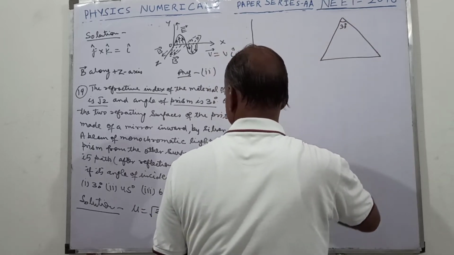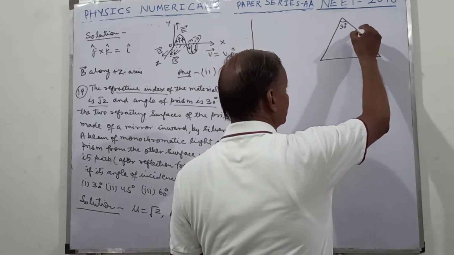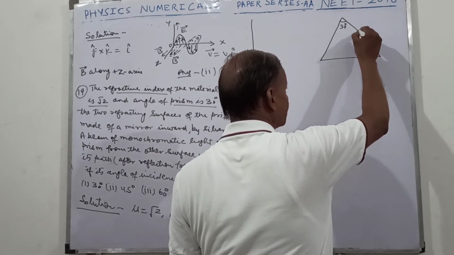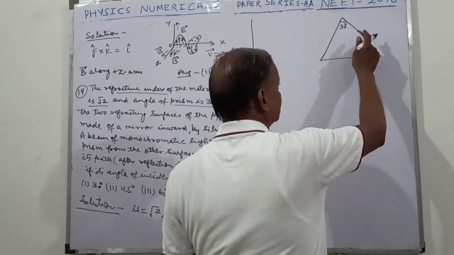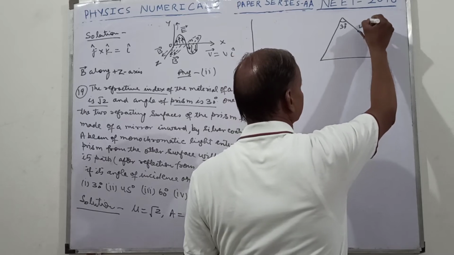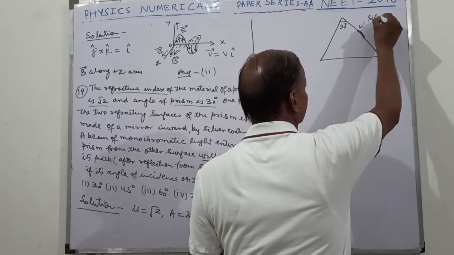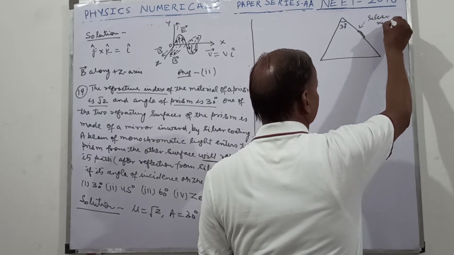This is known to us, given in the question. And this surface is made, suppose, silver, like this. This is the silver mirror.